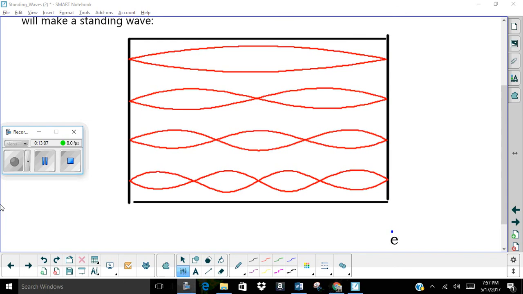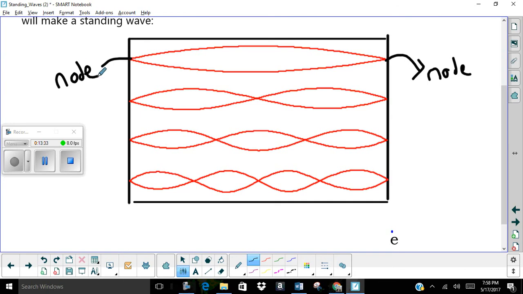There are two last definitions to give you in this video: node and antinode. Anytime that you have destructive interference where it looks like a wave is not present, you've got what's called a node. So in your first harmonic, you've got a node here, and you've got a node here.